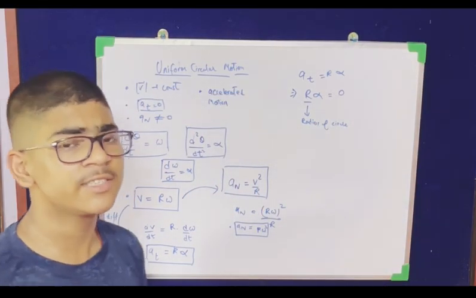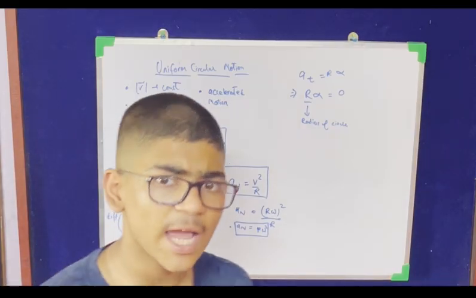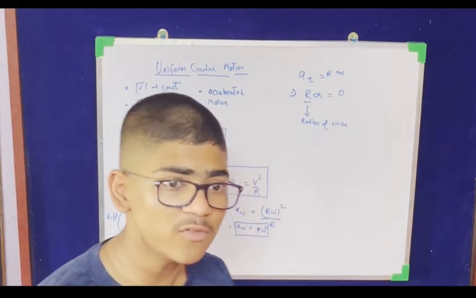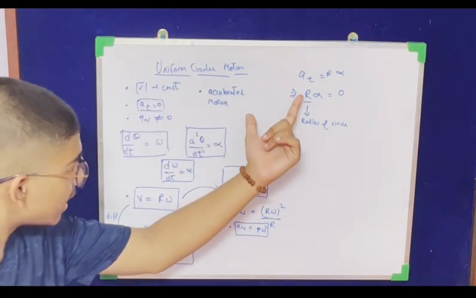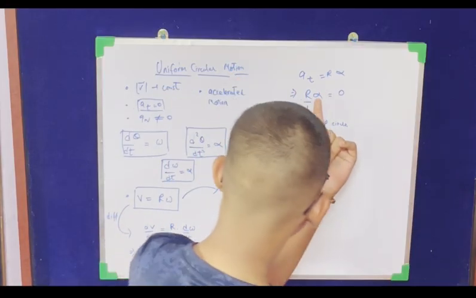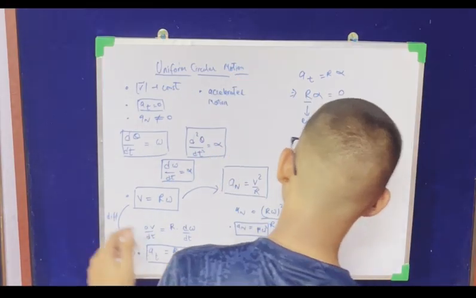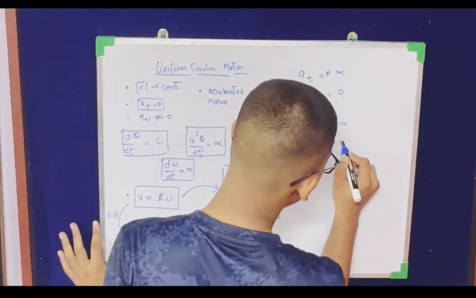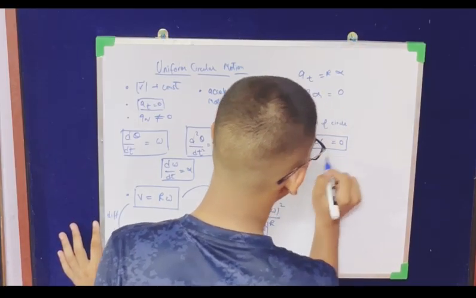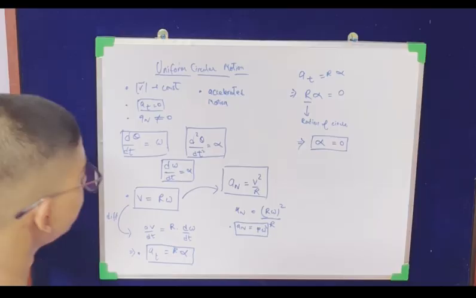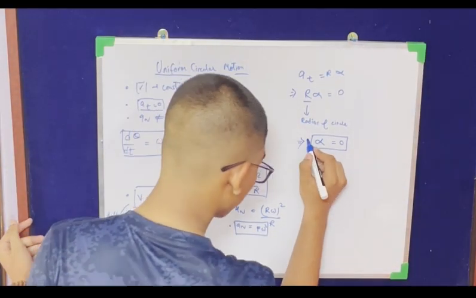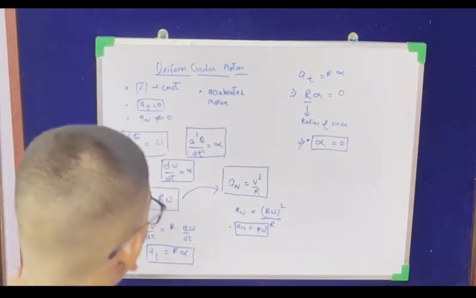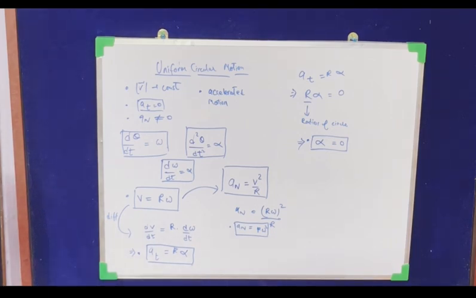As r is the radius of the circle, it must have some value. Therefore r is a constant, and from this equation, as r has some value, we can say that angular acceleration is also equal to 0. So in uniform circular motion, angular acceleration is also equal to 0.